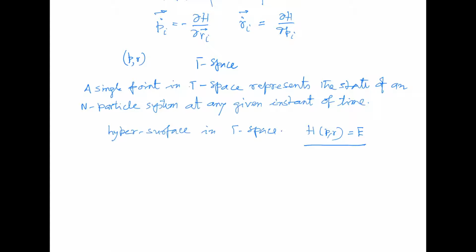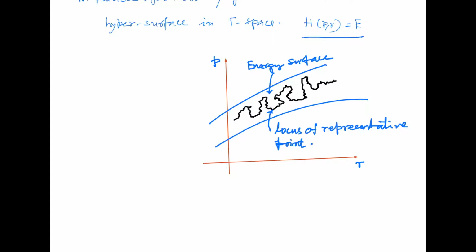This constant energy surface, which we call hypersurface, is schematically shown in a diagram. As we have shown in the diagram, there is the energy surface in the gamma space, which we call the hypersurface, and on that surface the zigzag path is the locus of the representative point.